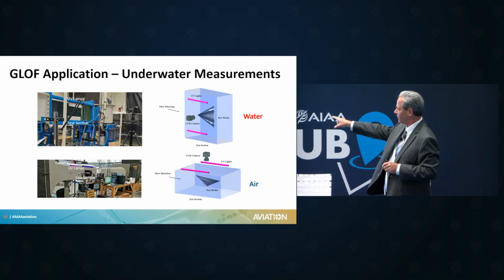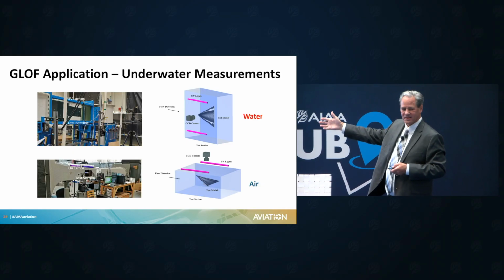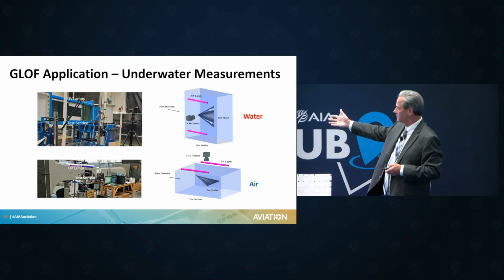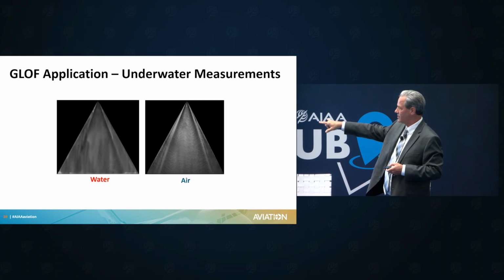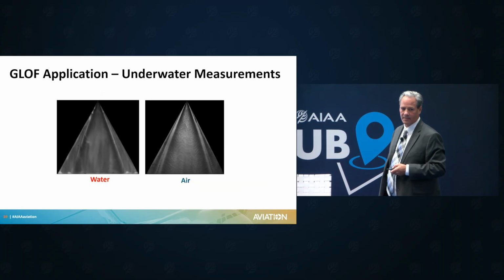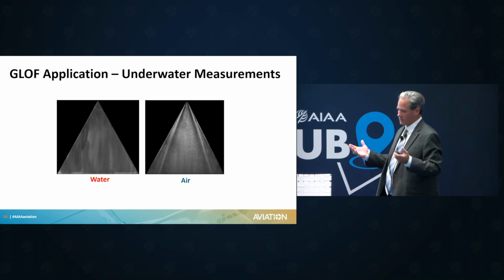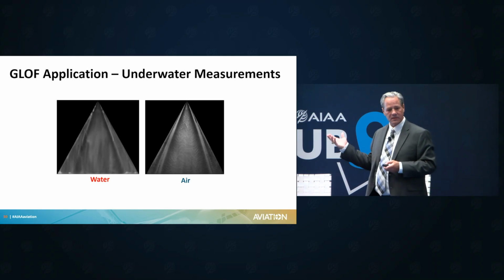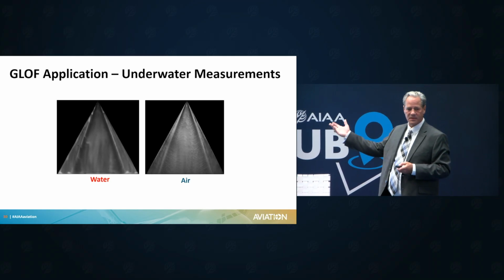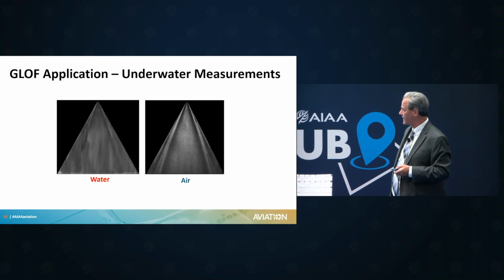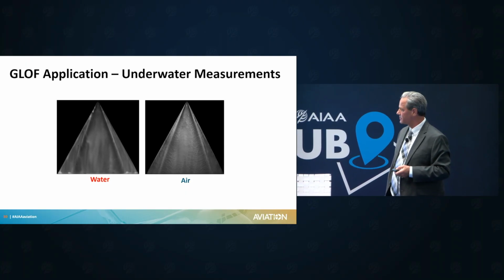And you see the flow direction here. And again, it's the same test, it's the same image processing, similar Reynolds numbers, and you can see the difference between here. So currently have some undergraduate students that are looking at senior design topics using underwater GLOF application. So it'll be interesting to see what they come up with.